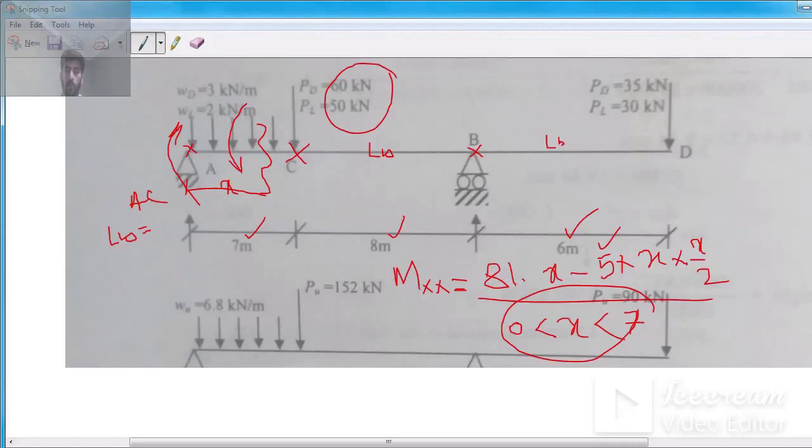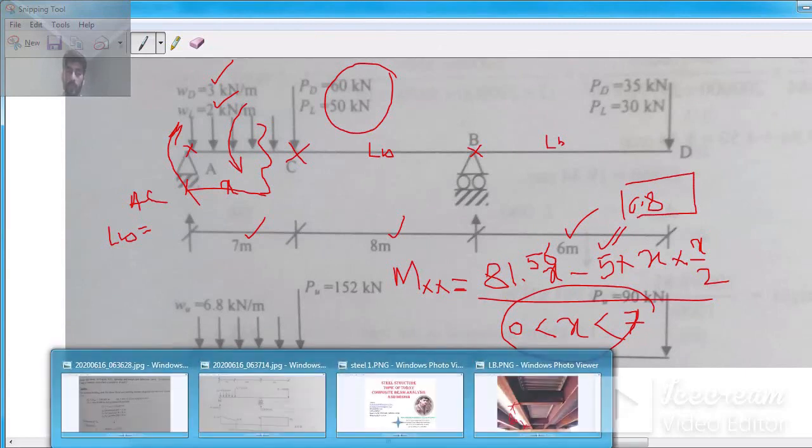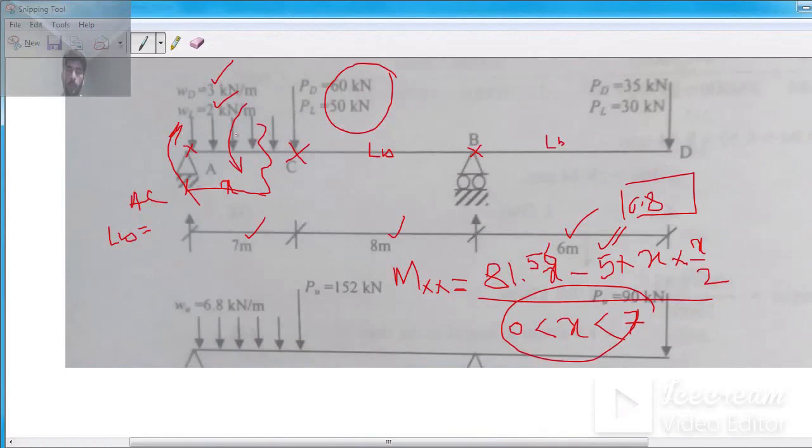If you factor it, it comes out to be 6.8, and this comes out to be 5.6. Here we see this is multiplied by 1.2, and this is multiplied by 1.6. Add up, you get this one. So this is a moment equation. Clear? And now they will use it and determine MA, MB, and MC.